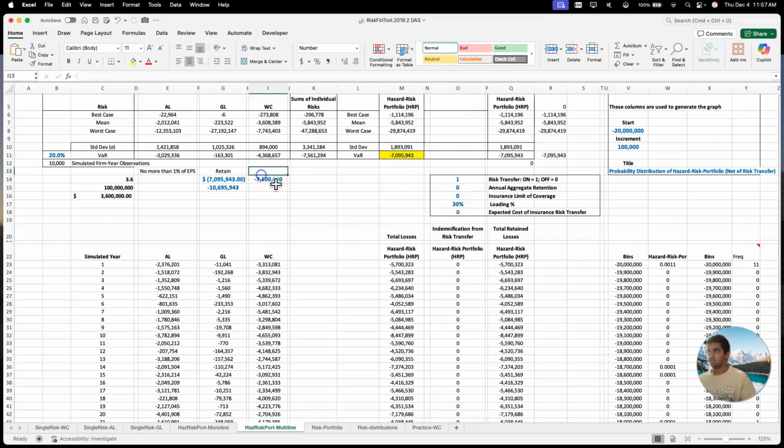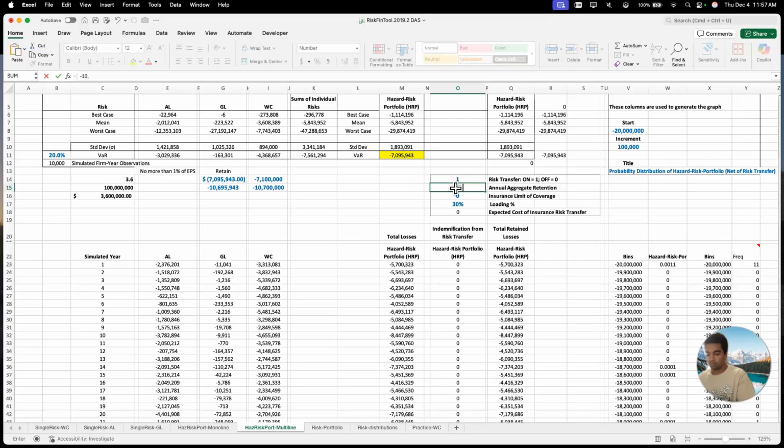Yes, 7.1 million, and you did equals this plus negative that. It's practically the same. You could type in either one. If you want, type in this one. I typed in this one. I might change it. But basically, we now know the retention of risk transfer is 10.7 million.